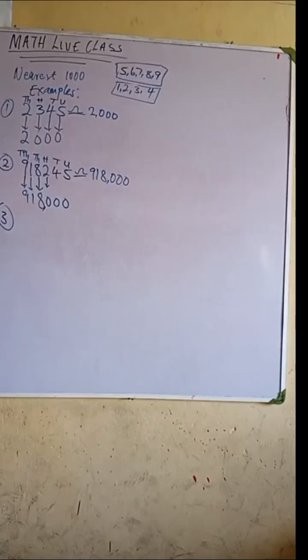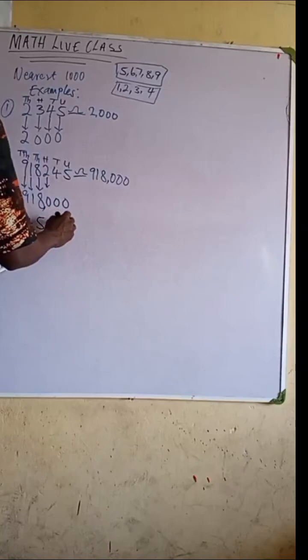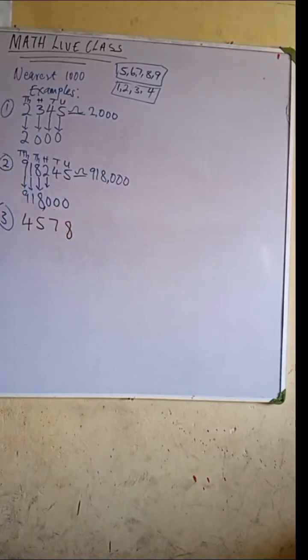As simple as that. So in the next question we have here 4578. So what are we supposed to do?